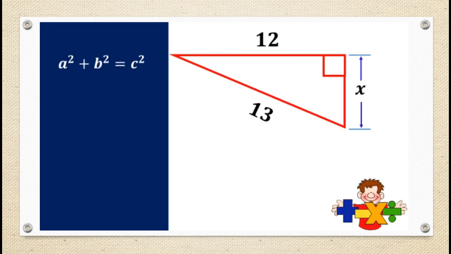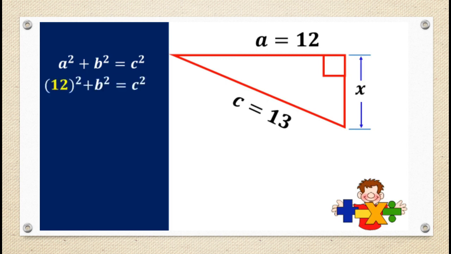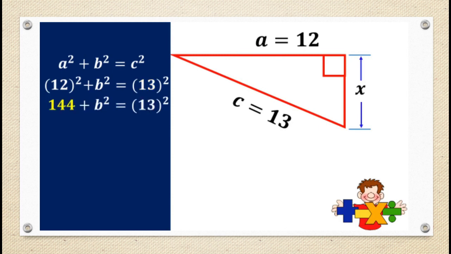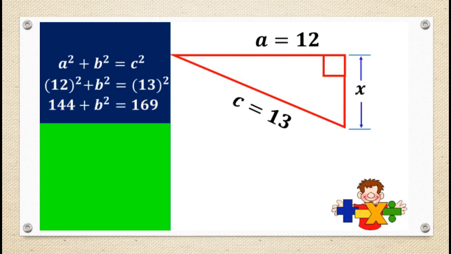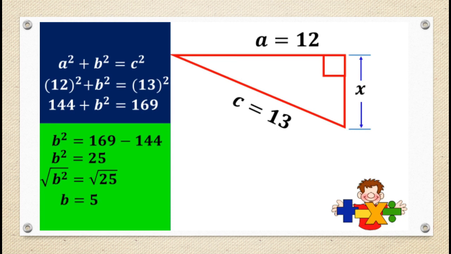We will use 12 as A and 13 as C to find the value of B. Now, let us substitute A and C. Then, simplify. And the length of the other leg is 5.